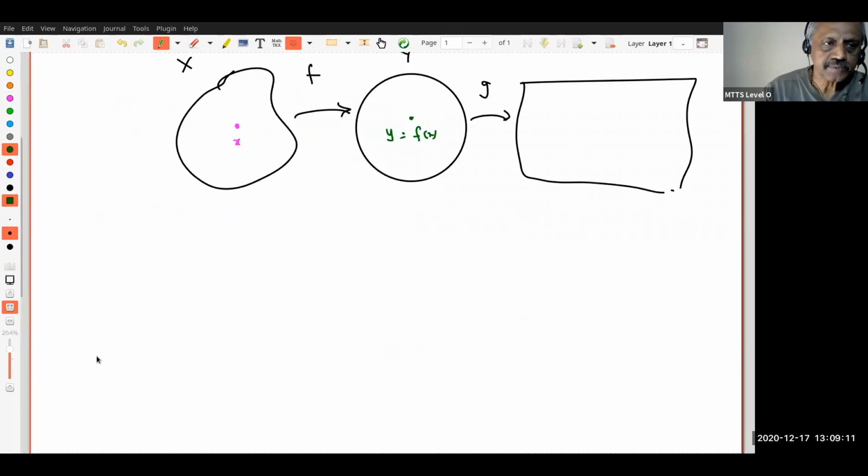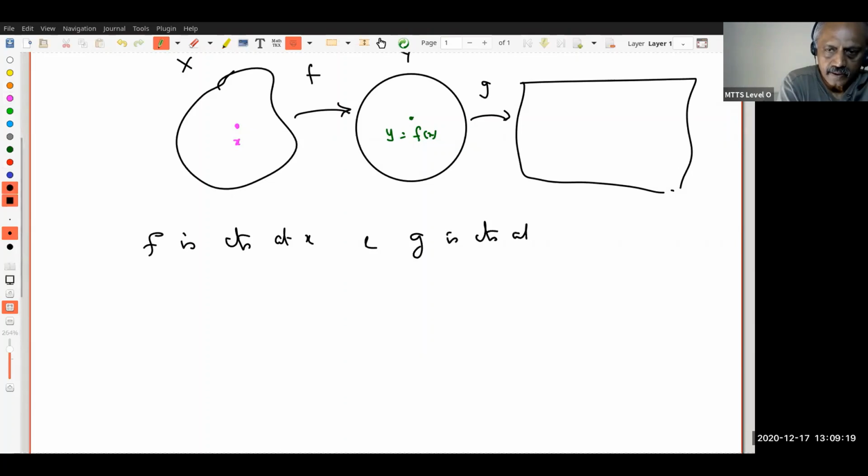So what is our assumption? Our assumption is f is continuous at x and g is continuous at y, where y equals f(x). f is a function from X to Y and g is a function from Y to Z.